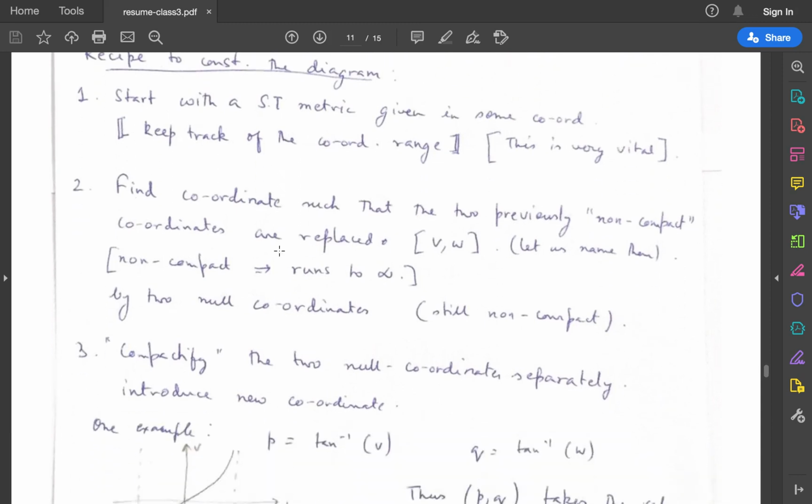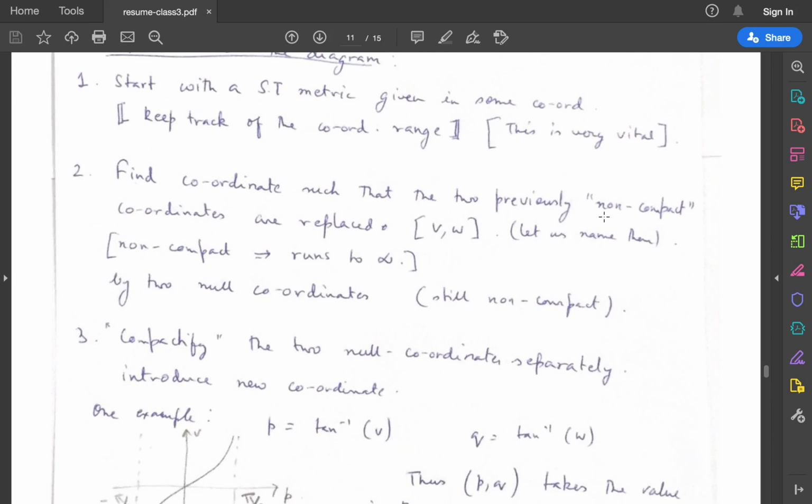Second is to find coordinates such that the previously non-compact coordinates are replaced. What does non-compact mean? Non-compact means a coordinate which runs to infinity, either plus minus infinity or 0 to infinity. So we should find a coordinate system in which the previously non-compact coordinates are replaced by v and w, which are nothing but two null coordinates.